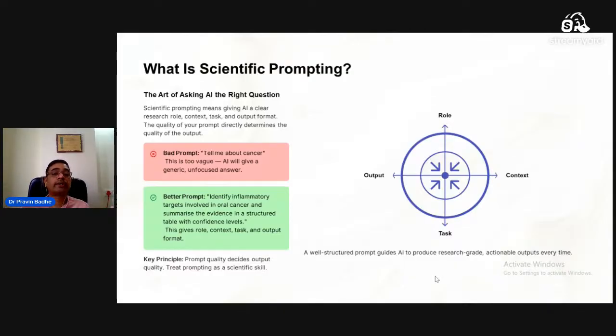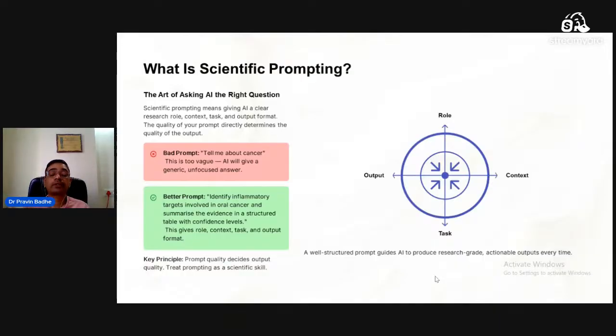So to avoid that, we developed tools where the prompts were designed as per our requirement. But before that, we understood that there is a process called scientific prompting or prompt engineering, which develops a better prompt.